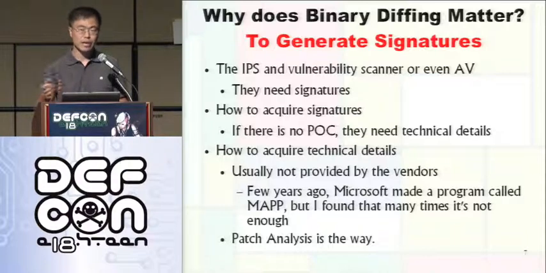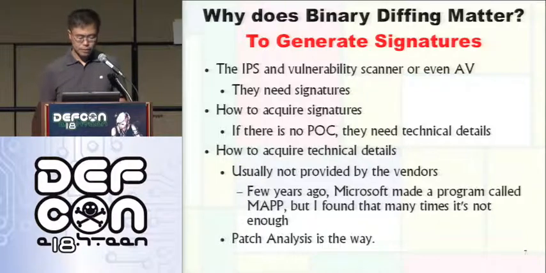They send it through the mail, and you can get it very quickly. But if you don't have that kind of luck to have MAPP, then patch analysis is the only way.